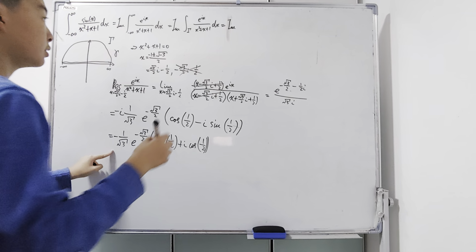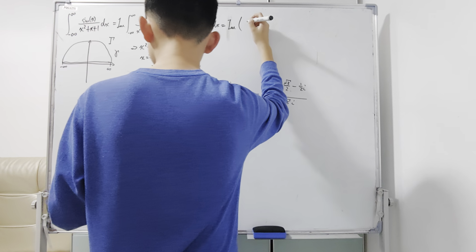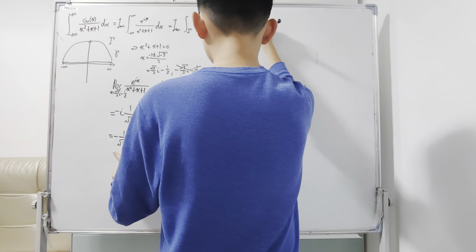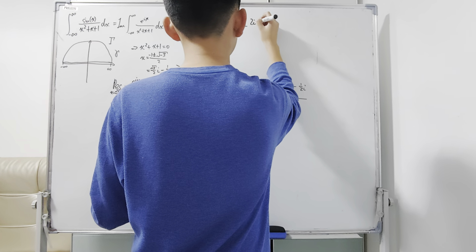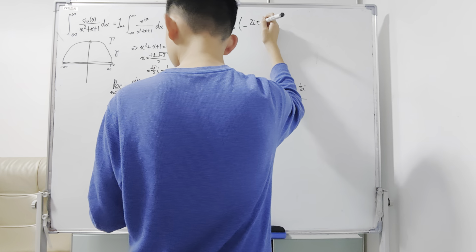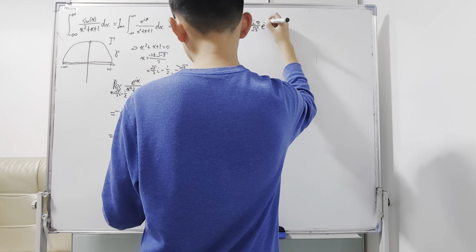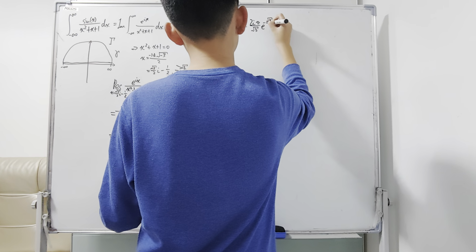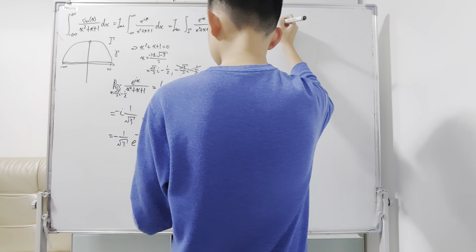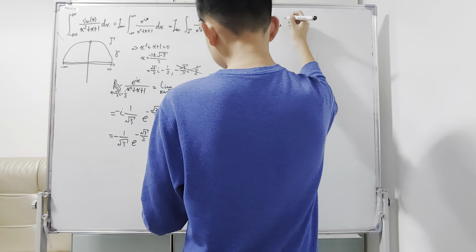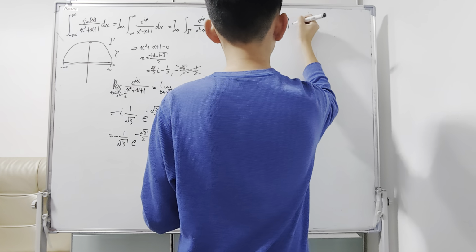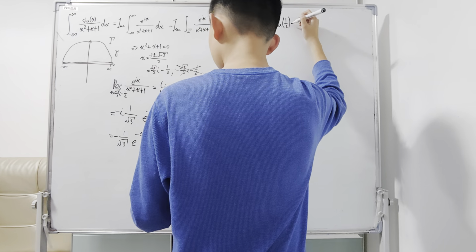So we have negative, I'm going to use parentheses, negative 2 pi i, and then over root 3. And then we have e to the negative root 3 over 2, and then the sine of 1/2. And then, okay, distribute this, negative and negative will mean negative, so we have minus again.